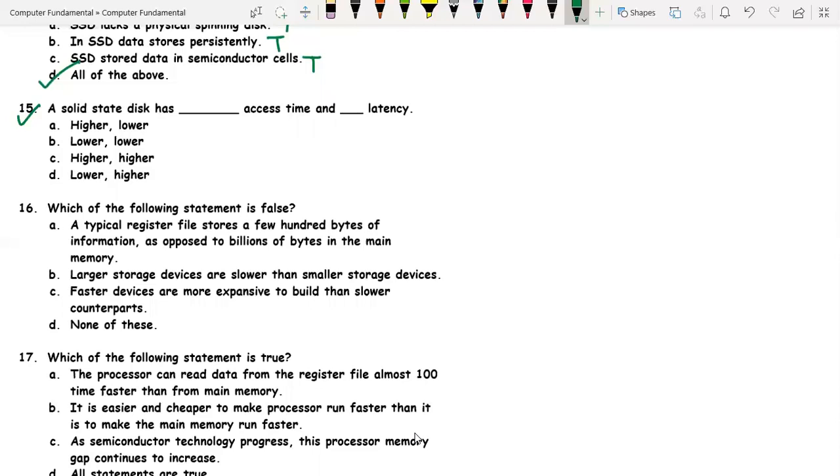Question 15. A solid state disk has... access time and latency. Okay, this one makes sense. It has lower access time.